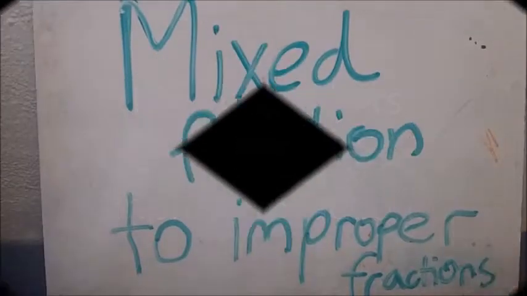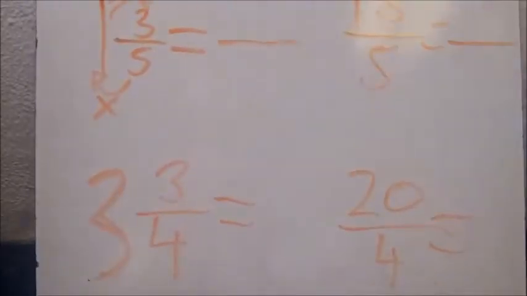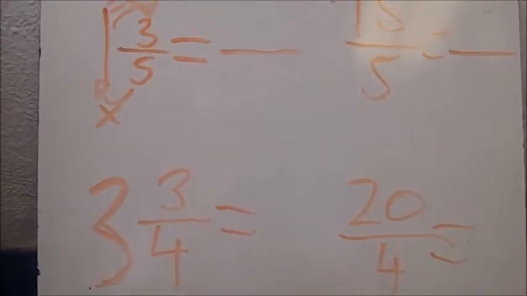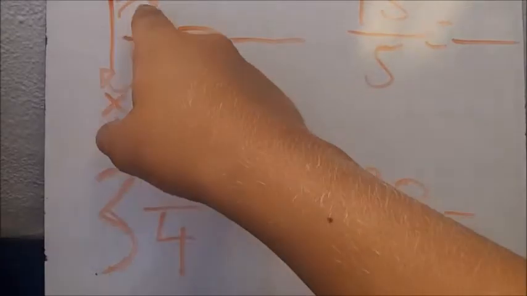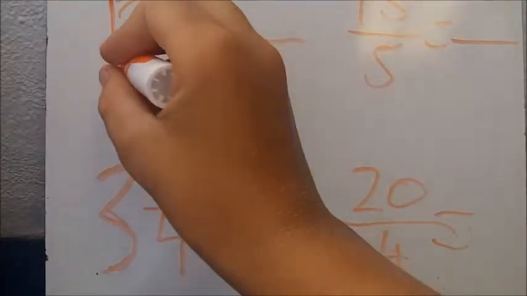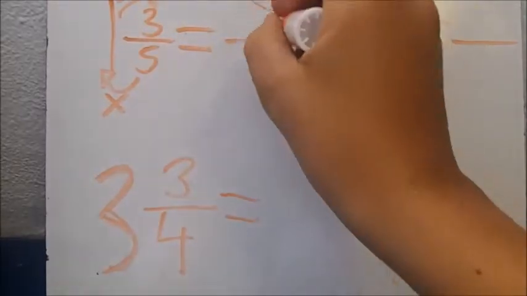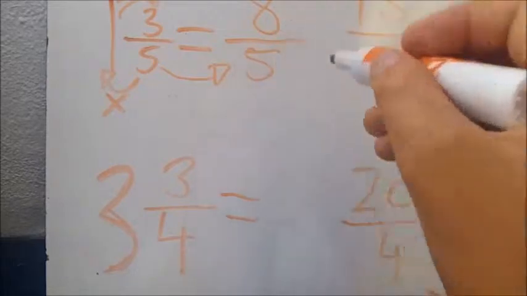Hello, welcome to the first episode of mixed fractions and improper fractions. Okay, so at the top left we have a question, 1 and 3/5, and what you have to do is times 5 by 1 and add 3, which equals 8, and the bottom will stay the same as 5.